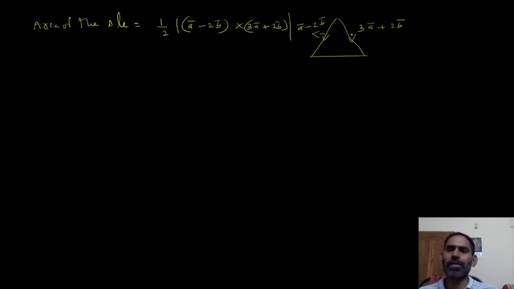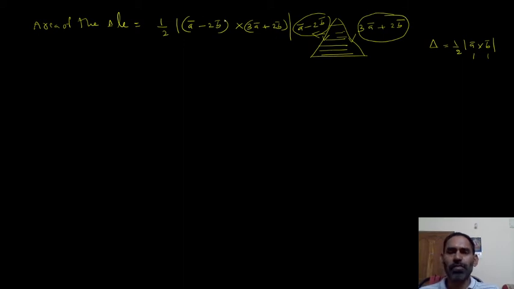When a bar, b bar are adjacent sides, the area of the triangle delta equals half modulus of a bar cross b bar. In our question, these are the adjacent sides, so I am writing their cross product. Now simplify this, we'll get the answer.